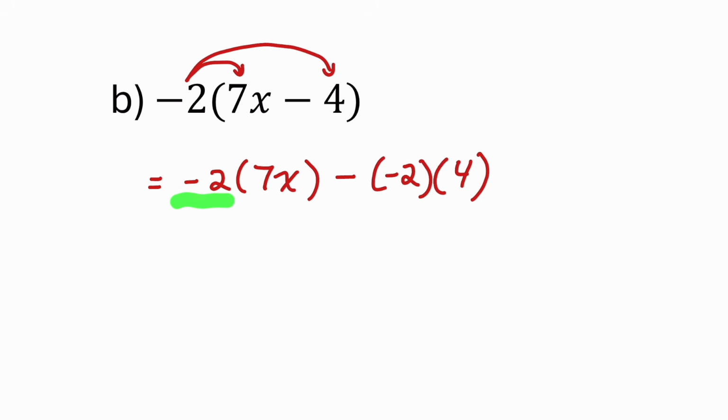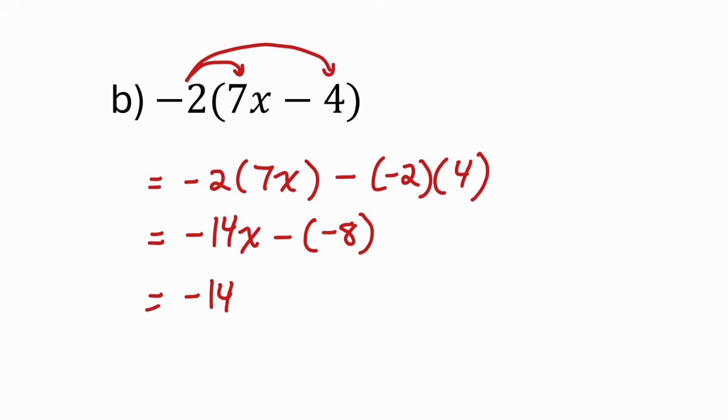Well, the constant factors of negative 2 and 7 can be multiplied together to give me negative 14, so it becomes negative 14x minus, I have negative 2 times 4, which is negative 8. And when subtracting a negative, I can rewrite that as addition. So it would be negative 14x plus 8.